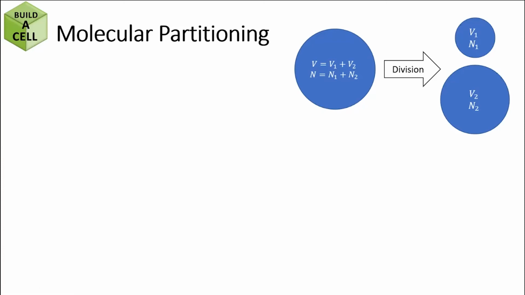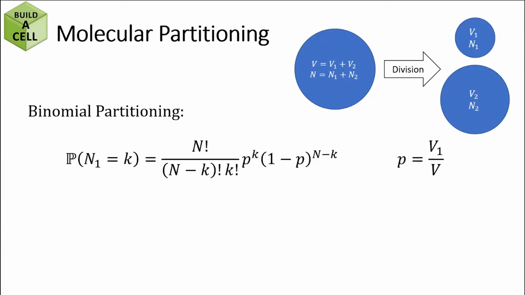The simplest way to model the stochasticity in this partitioning is using something called binomial partitioning. And this is just the binomial distribution, which is a very well-known distribution from statistics, where the probability that I get k molecules in my first partition up here, that N1 equals k, is given by this equation.